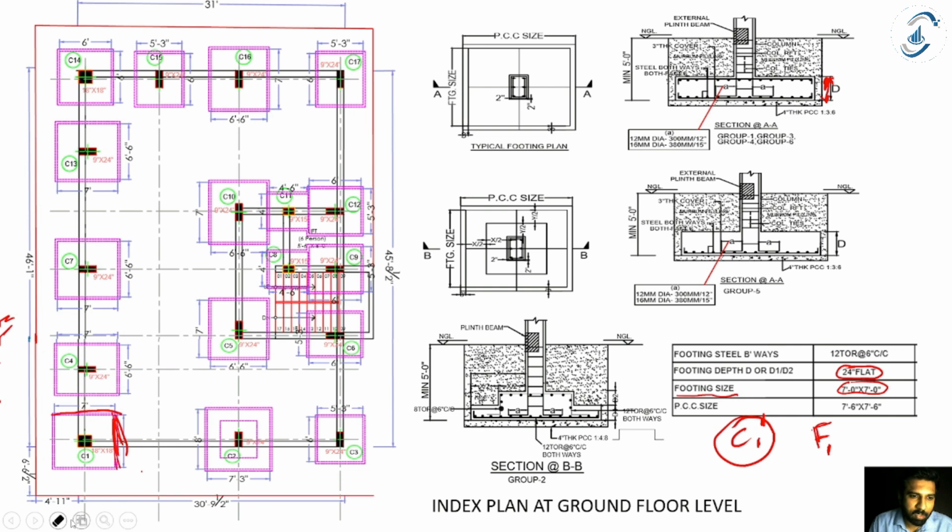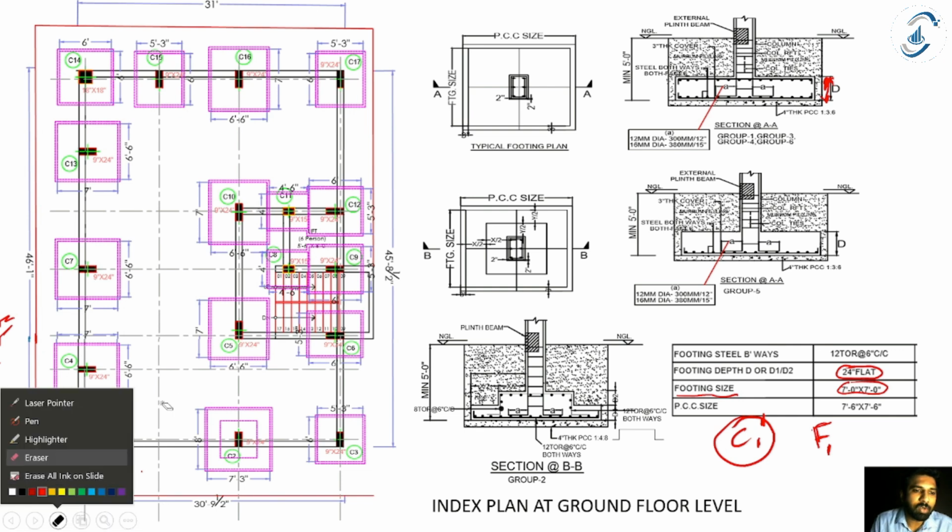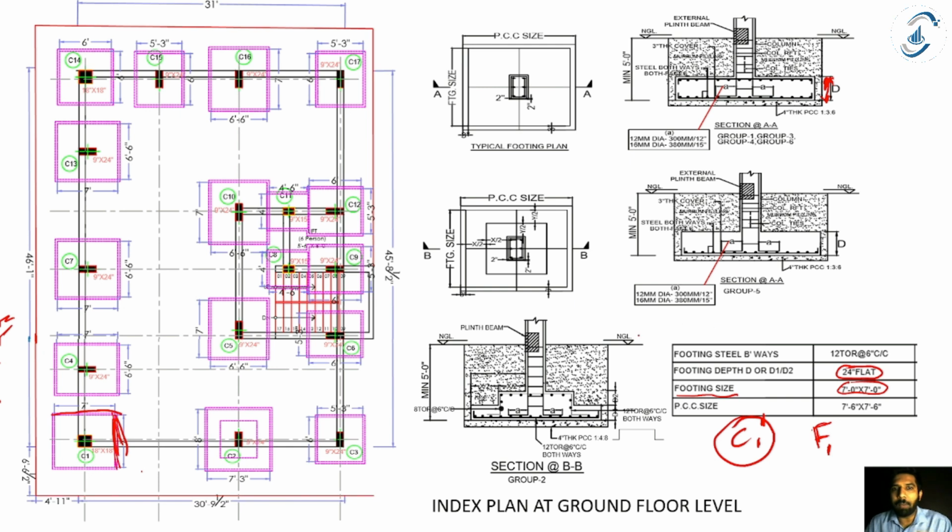That is nothing but the diameter. So 12 mm, because in the market you're going to get rebars in mm. So it is 12 mm at 6-inch center to center. This is the spacing of my rebars.